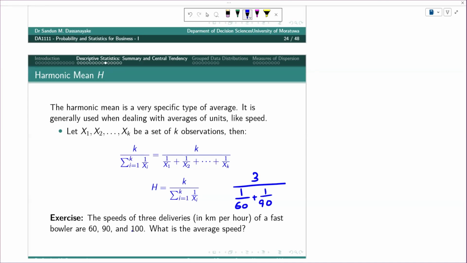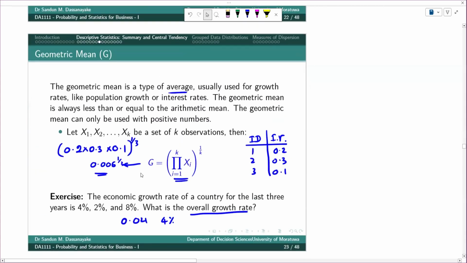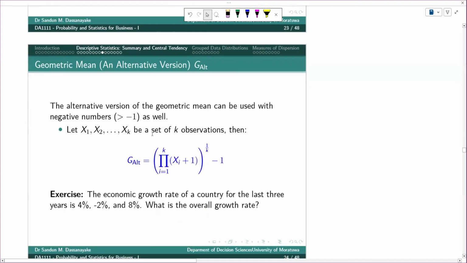Is the geometric mean equation the same for negative values? No. Geometric mean can only be used with positive numbers. You can use the alternative version for negative numbers. Instead of xi, you use the product of xi plus 1, minus 1.